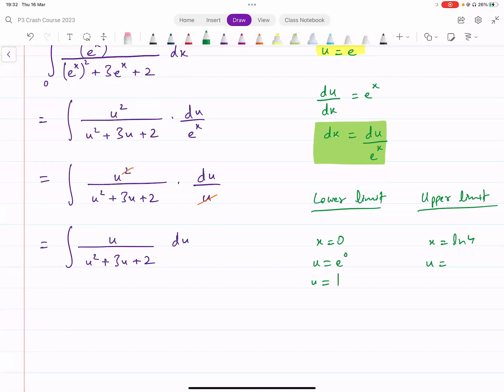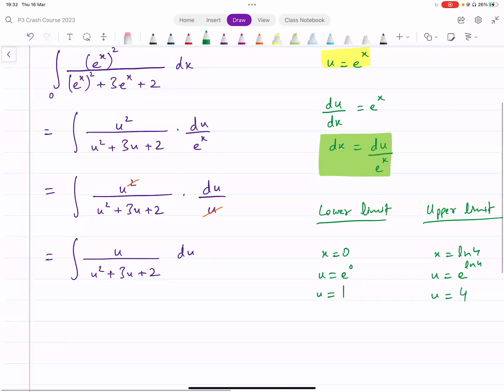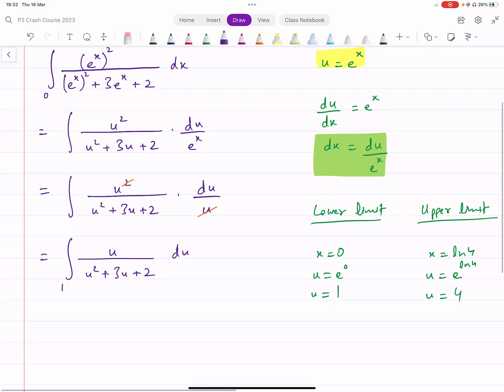When we convert it to u, it becomes e raised to power ln of 4. Evaluate this on your calculator. You will realize this turns out to be just 4, because e and ln are actually inverse functions of each other. They cancel each other's effect, and you're going to end up with u equals 4 from that. So these are the limits. The limits are supposed to be from 1 to 4 here.